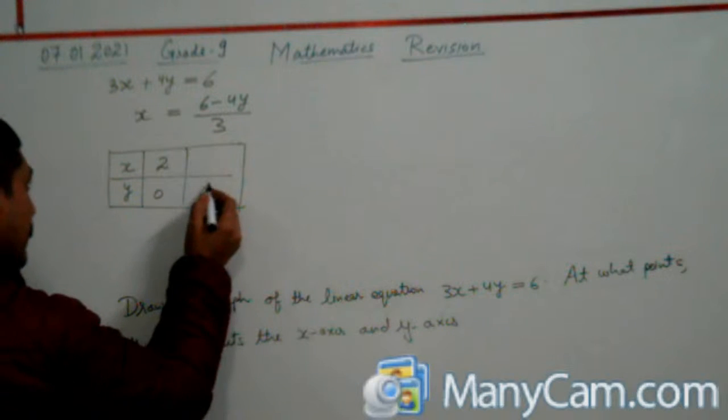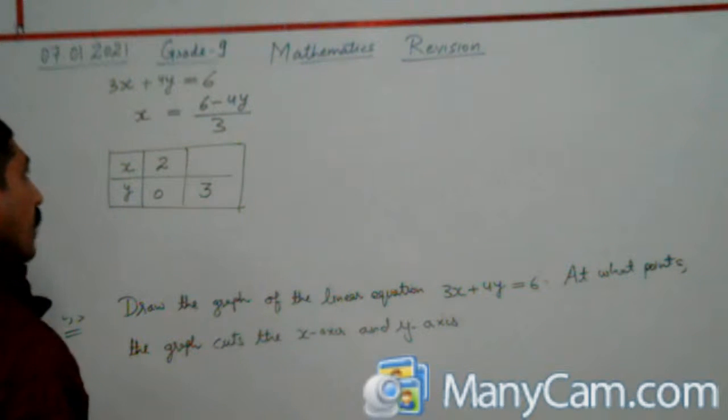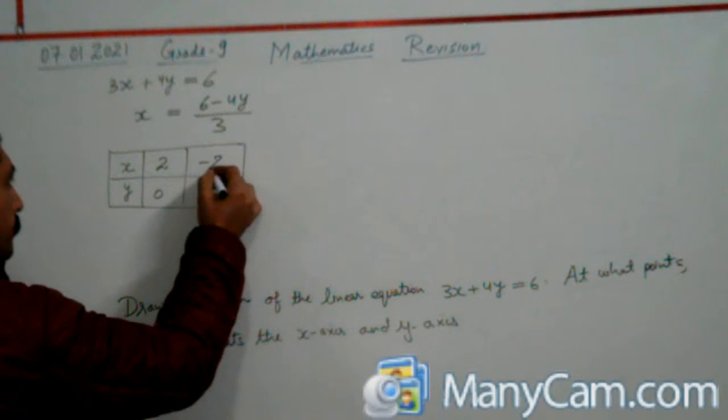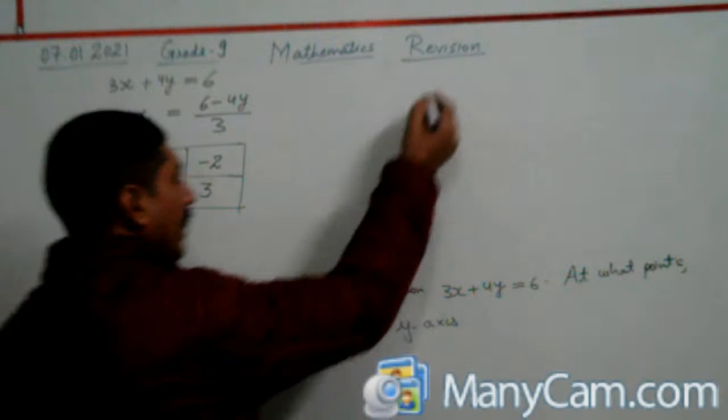If y is equal to 3, then x is (12 minus 6)... so it is minus 2. So we will plot the graph.